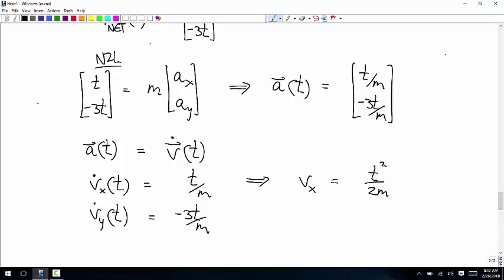The constant ends up being 0 because of our boundary conditions. The y component of velocity is negative 3t squared over 2m. Both of these constants are 0, so there's the function. And then you just have to integrate again to get the position function.